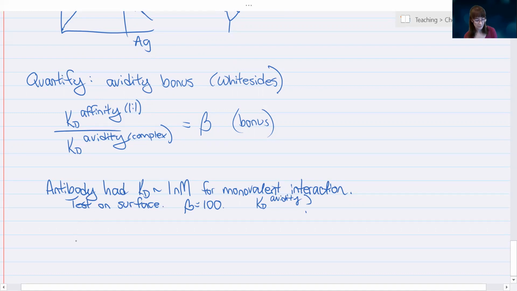Okay, and so this is really straightforward. We know that beta equals KD affinity over KD avidity, and so we can just rearrange to isolate the KD avidity.